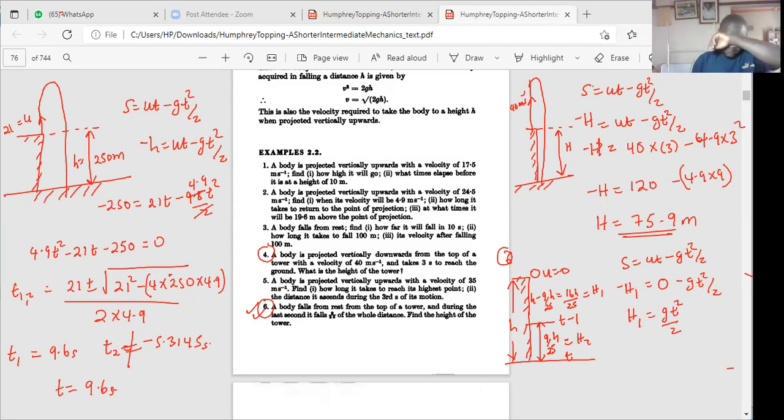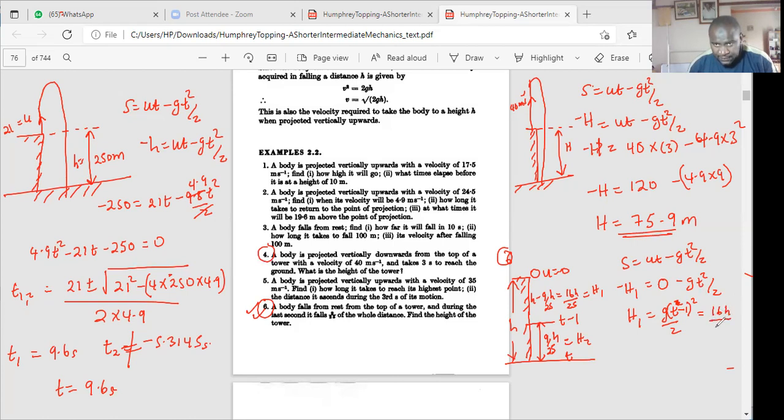So if a body is just dropped from the top of a tower, one can neglect the negatives. But if you are not sure, go by the definition that whenever a body is dropped or goes below the point of projection, height is negative. When you analyze it, it will still reduce into a positivity. So this one, height h1, has a time t minus 1 actually, I'd forgotten, squared.